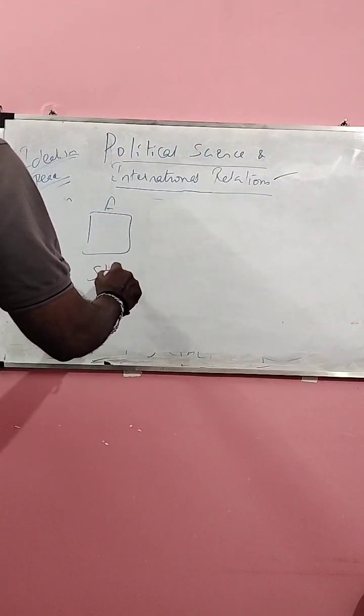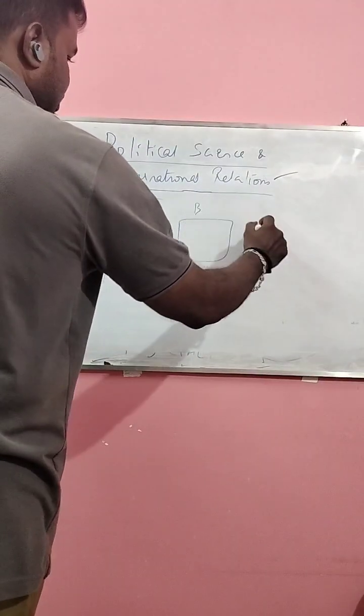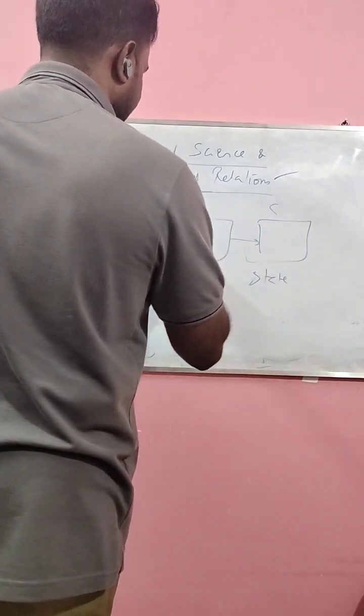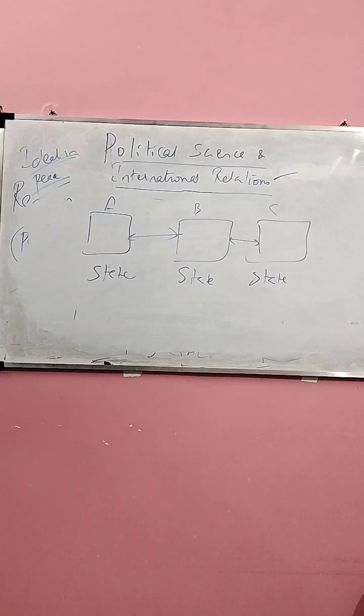State A, State B, State C, and so on. They want cooperation between the states. They don't want fighting between the states. They don't want conflict between the states. So they advocate cooperation and they want to strengthen the international law and the international system.